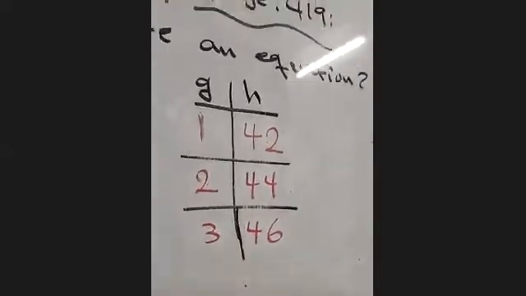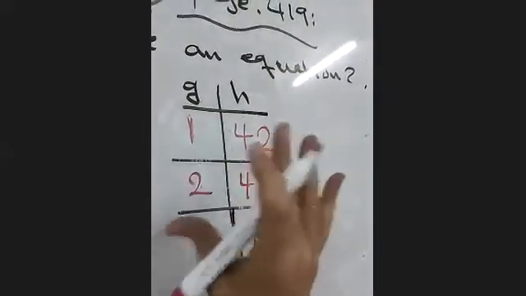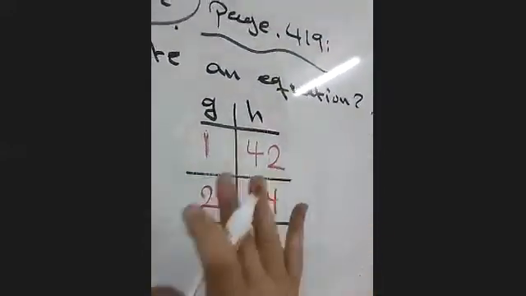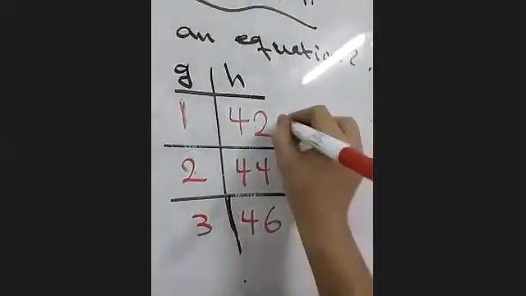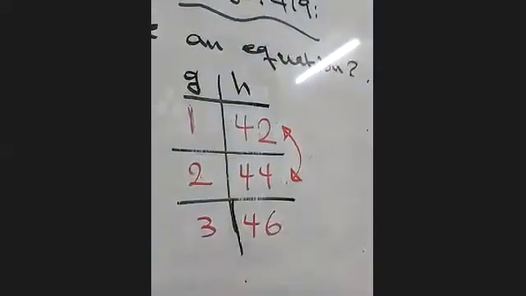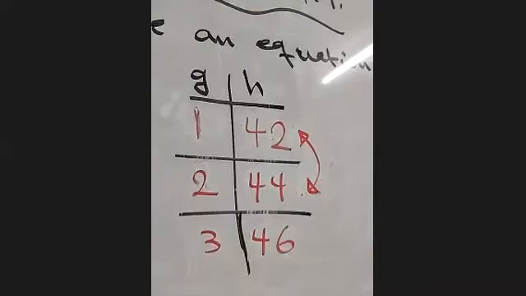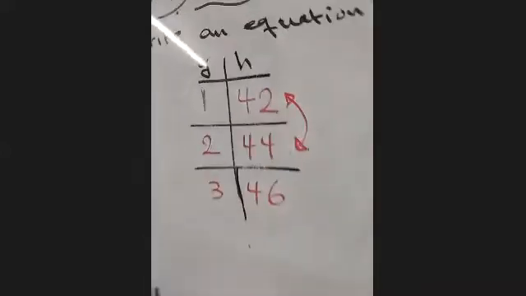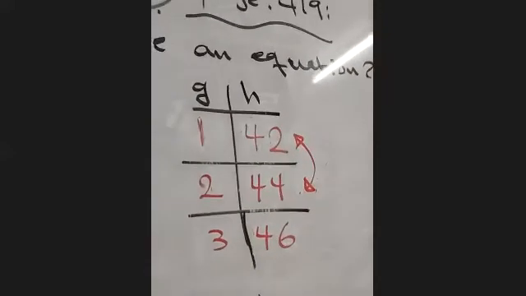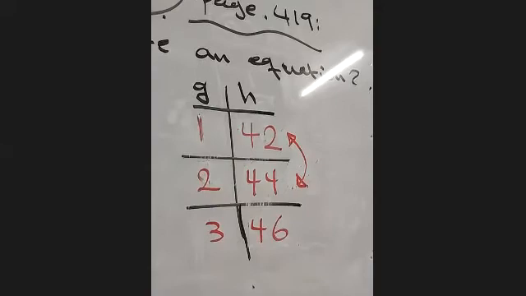Now, in the video, I explained how we make 2-step equations from a given table. Do you know how to make it? Yes. Let's go. We multiply 1 by 42 equals 42, but 2 multiply 42 is 84.